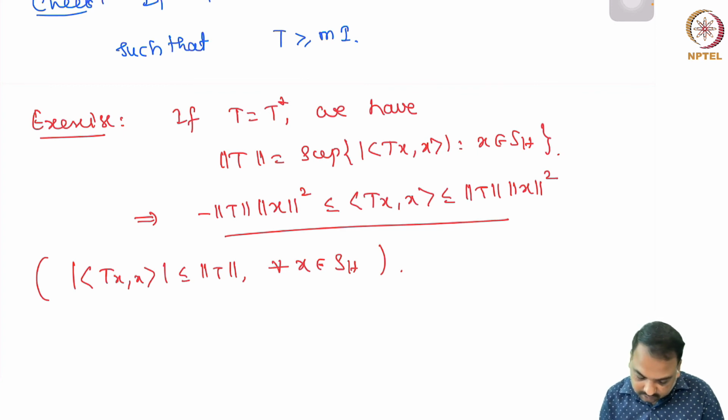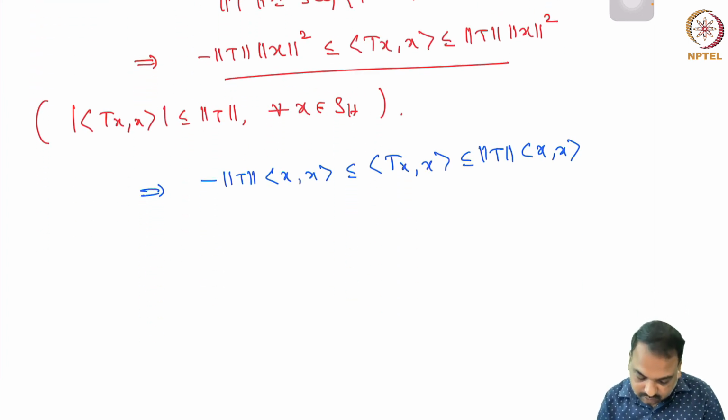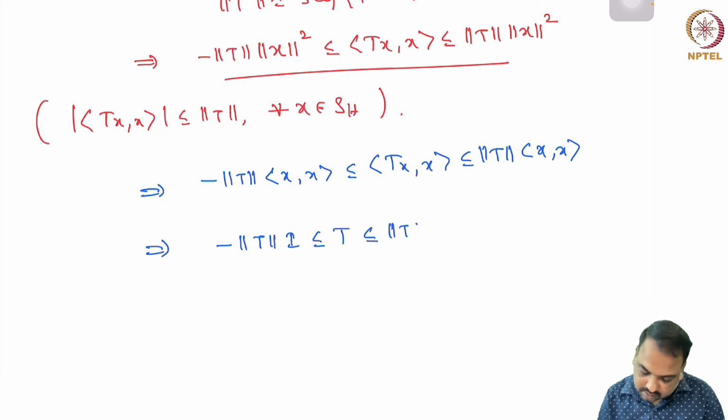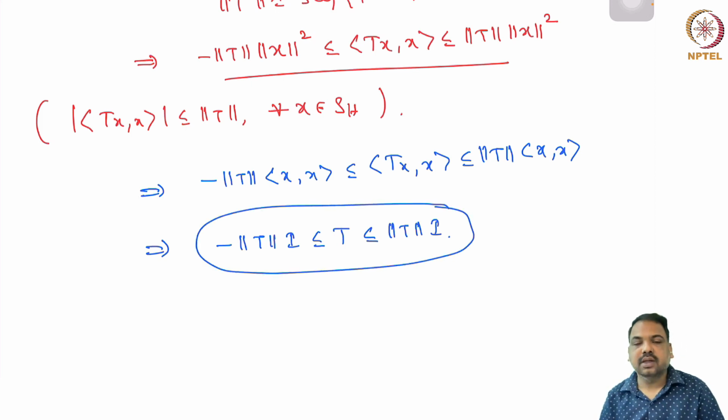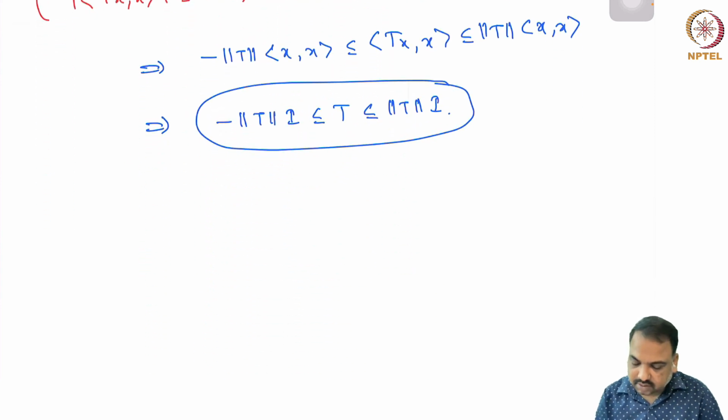Now from this we can conclude that minus norm T times identity is less than or equal to T, which is less than or equal to norm T times identity. So this is true when T is a self-adjoint operator. In general, we cannot compare two operators unless those two operators are self-adjoint. So this is one of the important observations.